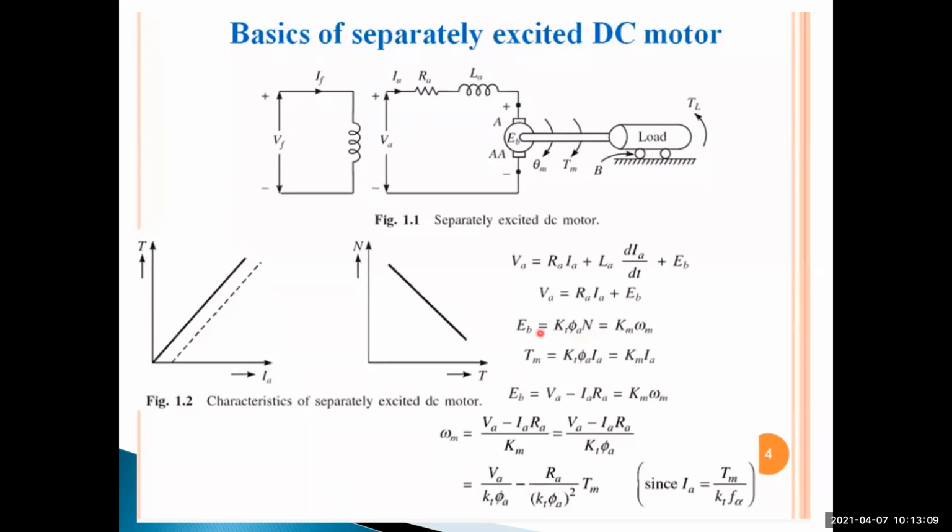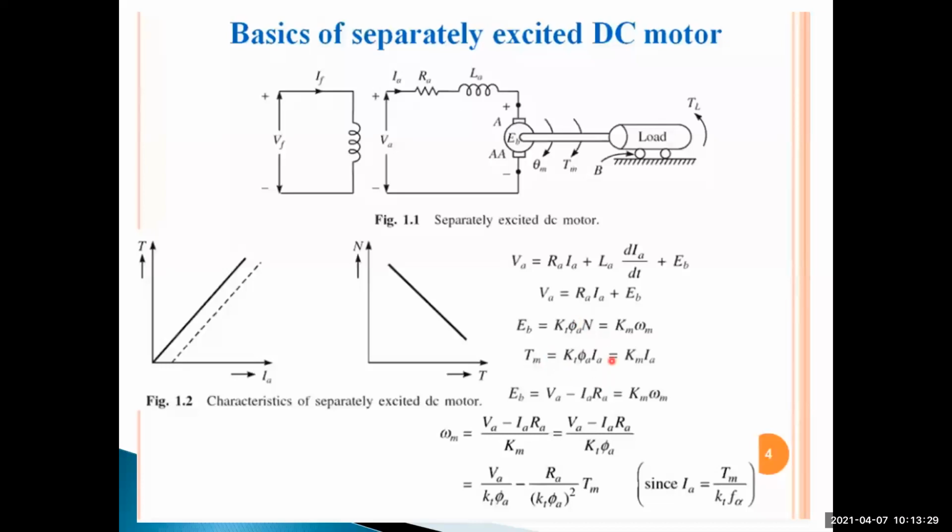That's why EB is equal to K into phi into N. This K is called the motor constant. Back EMF is proportional to the flux and speed. By controlling the flux and speed, the back EMF is changing. By controlling the back EMF, the speed and the flux can be controlled.